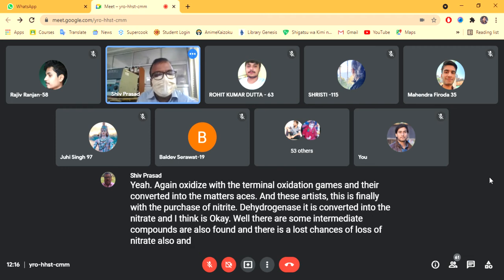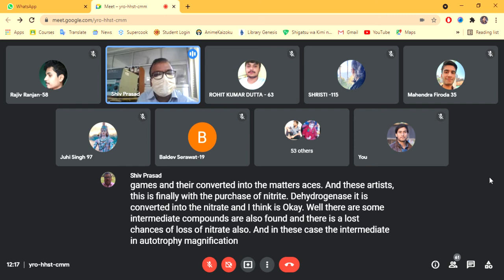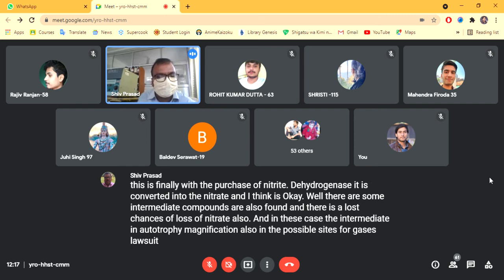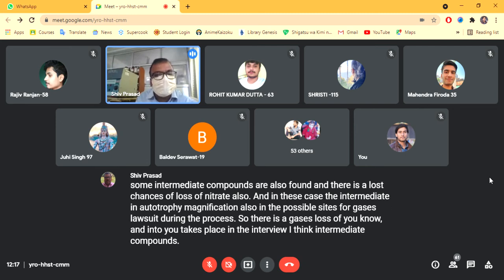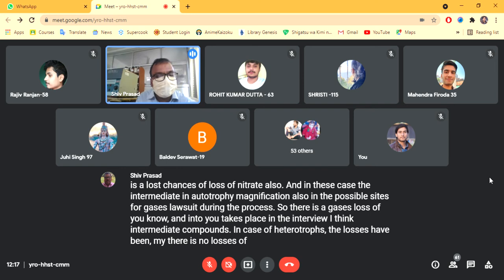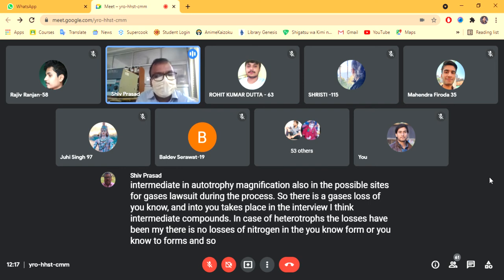The intermediates in autotrophic nitrification show the possible sites for gaseous losses during the process. There is a gaseous loss of NO and N2O as intermediate compounds. In the case of heterotrophs, the losses are minimized. There is no loss of nitrogen in the NO or NO2 forms, so there is more efficiency.